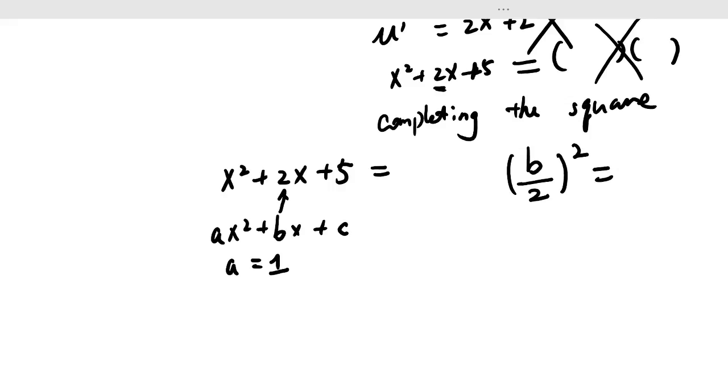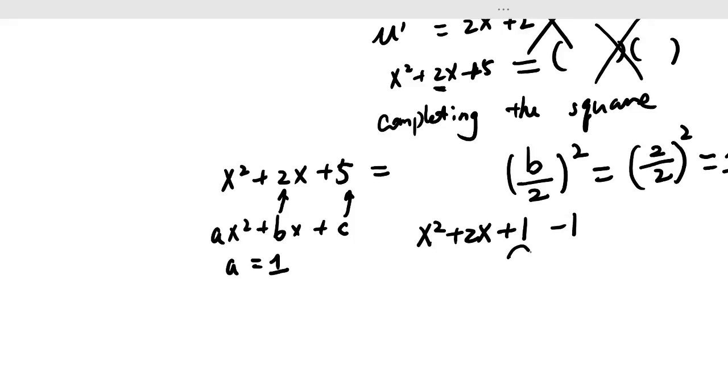So b is 2, c is 5. I plug in b equals 2 here. We need a 1. I don't have a 1, but I have a 5. So one way to do it is I first add a 1, then I subtract 1. That's exactly what we did before, adding and subtracting. Then I still have 5 here. Now I have a perfect square, and that's going to be x plus 1 squared plus 4.